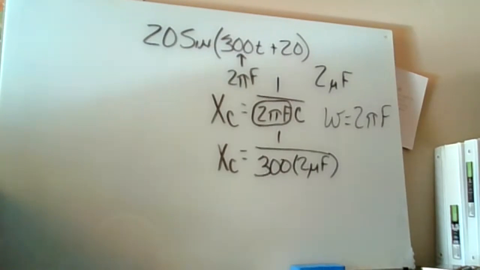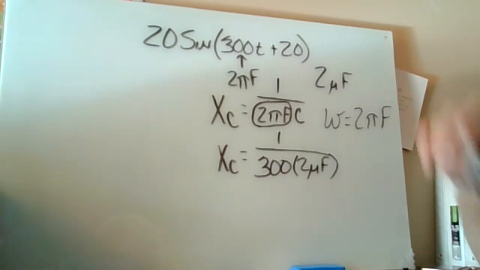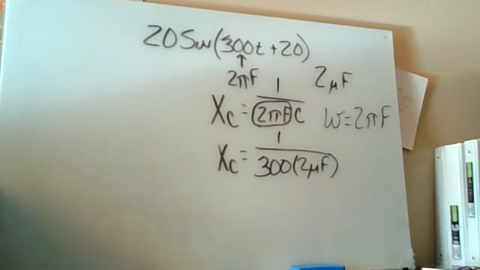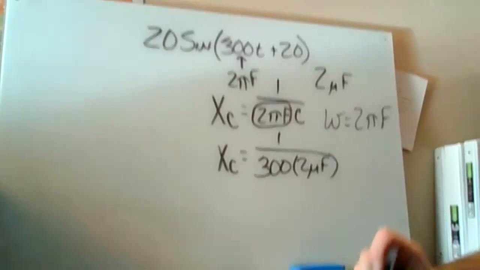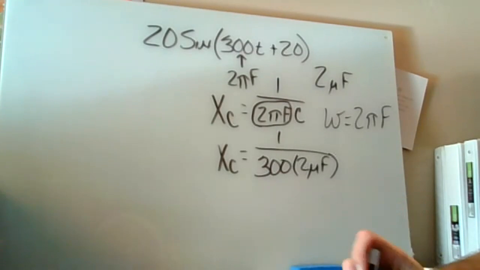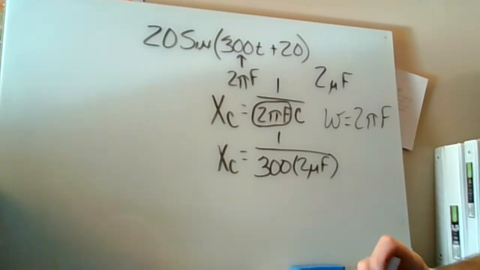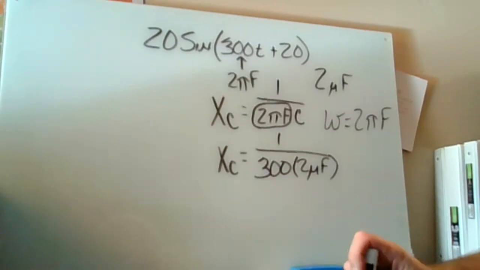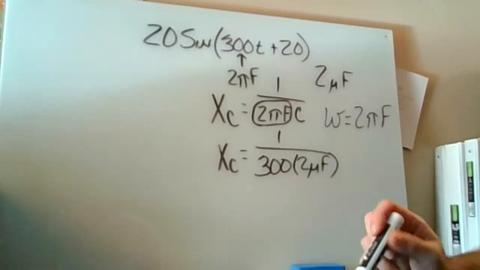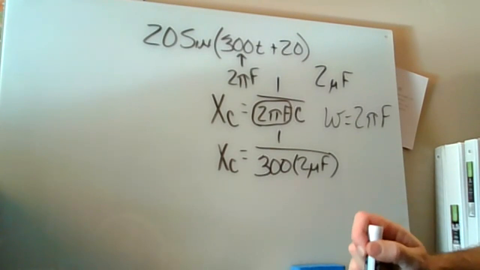If I give you a sinusoidal voltage and I give you a value of omega, I don't have to give you a frequency. If I give you a phasor voltage, I must give you a frequency for the circuit, or I must give you the value of X of C, or you cannot figure it out.